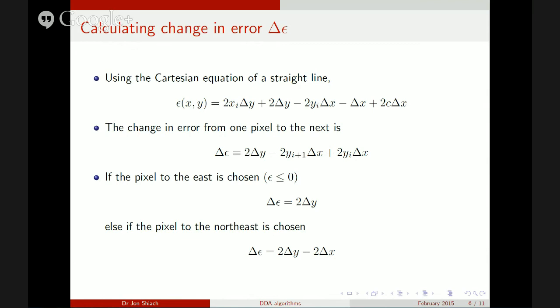All I do is use this function, substituting xi plus 1 for xi and yi plus 1 for yi in subscript, and subtract from that function. So a bit of algebra: instead of xi, I've got xi plus 1.